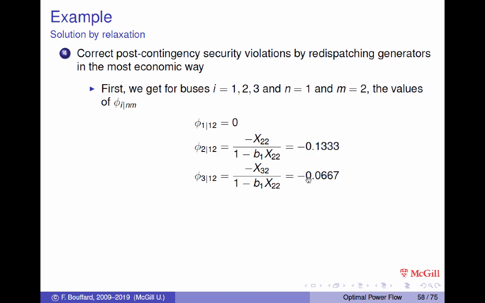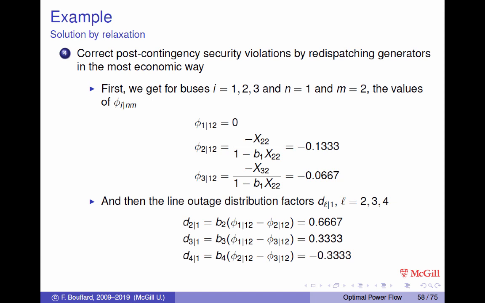So here's what we've done, and from this we find the outage distribution factors. We notice though that we can sometimes, in the case of this small example, actually infer those factors relatively easily.